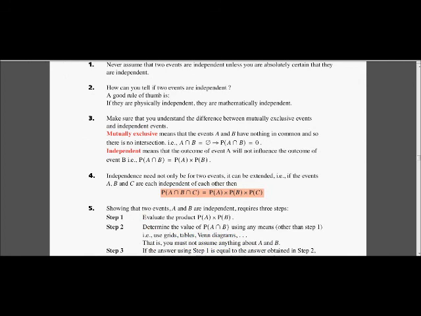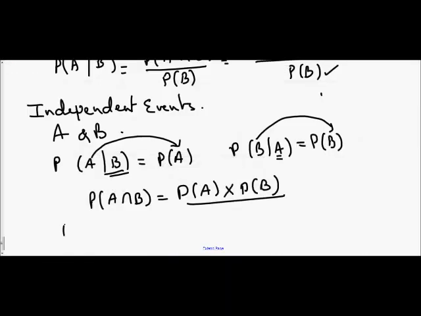Now, mutually exclusive events have P of A intersection B equal to 0, while independent events have P of A intersection B equal to P of A times P of B. For mutually exclusive events, A intersection B is a null set, therefore P of A intersection B would be 0. But for independent events, this is the formula.